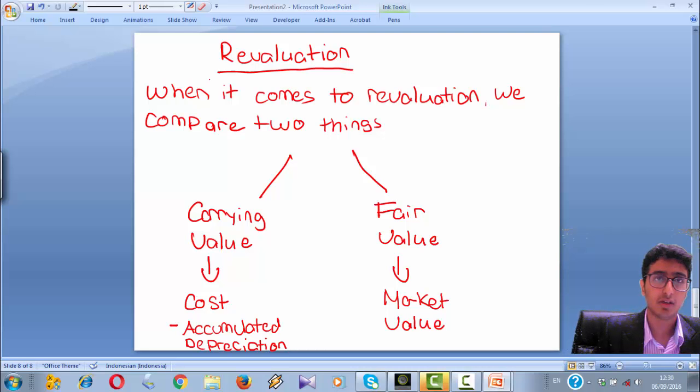We compare two things, carrying value and fair value. Carrying value is my cost minus accumulated depreciation, and my fair value is my market value. In the scenario, usually fair value is always given in the question.